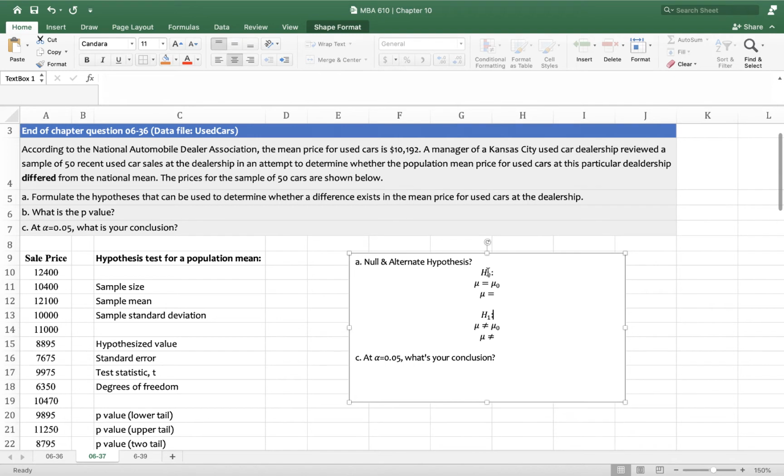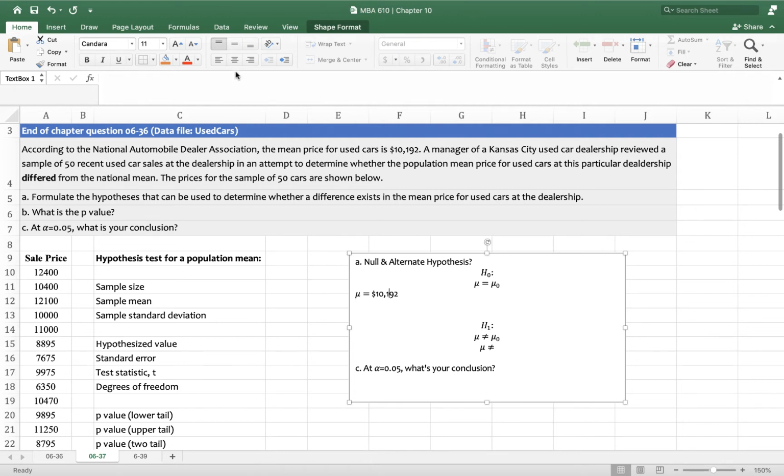So we've got a null hypothesis, which is that our sample mean is equal to the null mean, the national mean of $10,192. So if I were to write this in, I'd say my null hypothesis is that our cars are the same price on average as the national average. So our average is going to be $10,192.